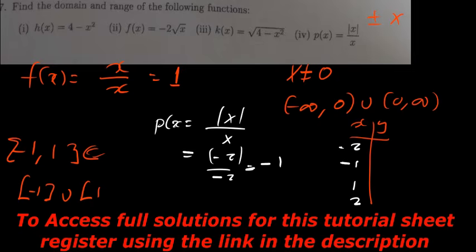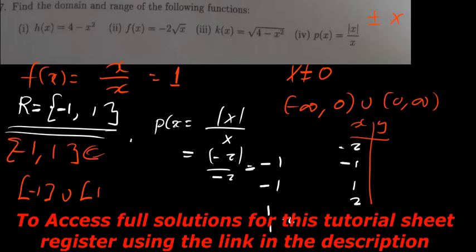If I put negative 1, again it will be negative 1. If I put 1, it will be 1. If I put 2, it will be 1. So any number is going to give either negative 1 or 1. Based on this, I can conclude that my range is negative 1, 1. That's all. That's the range. Okay.